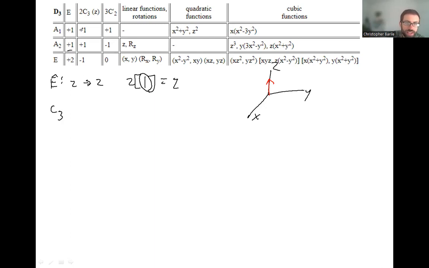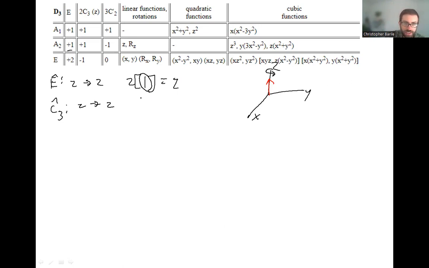If we go to the next class, which is the C3, that's a C3 operation or a C3-2. It doesn't matter which one you choose. That is doing a rotation across the z. If we rotate a z vector, we're just taking a piece of string, you can imagine, and we're just rotating it across the axis that it's in. So that's not going to change the direction of the z vector.